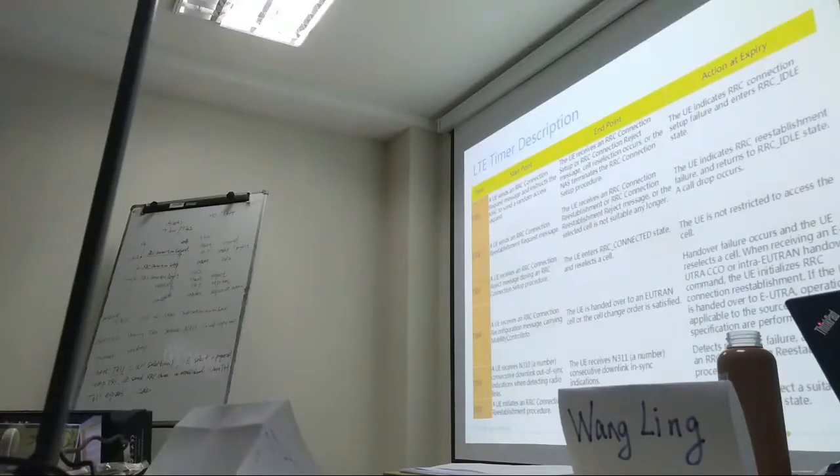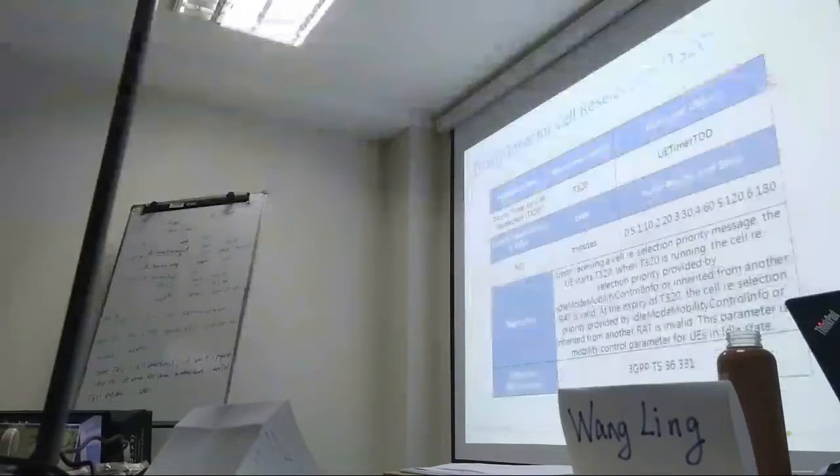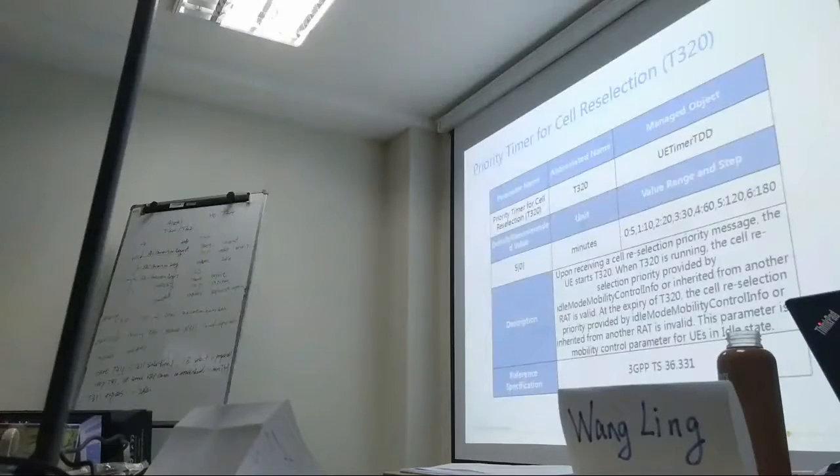Except these timers, T300, T301, T302, T304, and T310, T311, we also have two different ones, as we talked about in the morning. We have a cell reselection priority timer. That is in load balance. In load balance, if we use the CLB, we can change the priority.